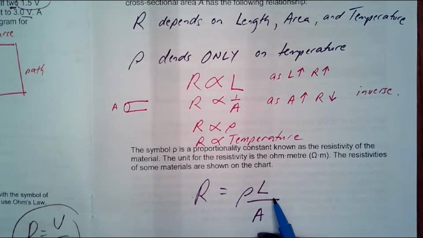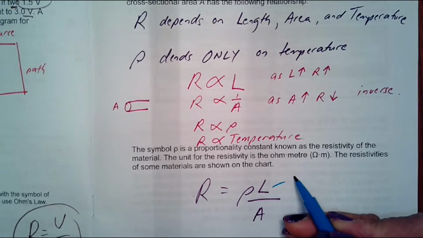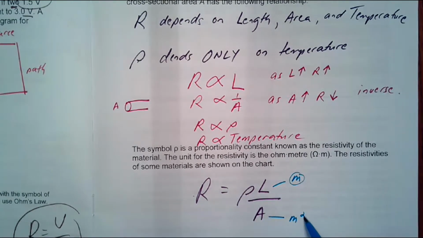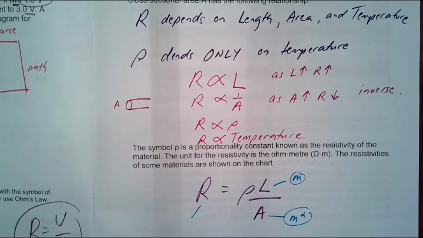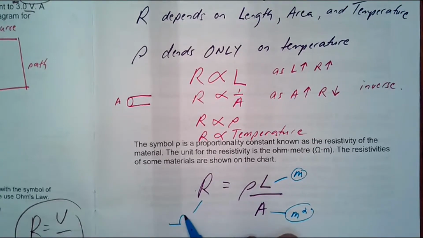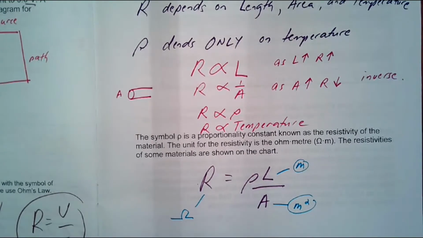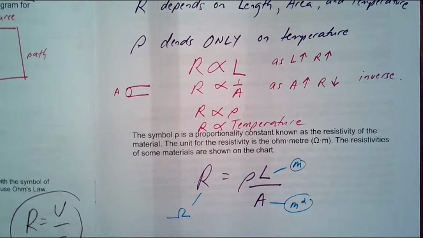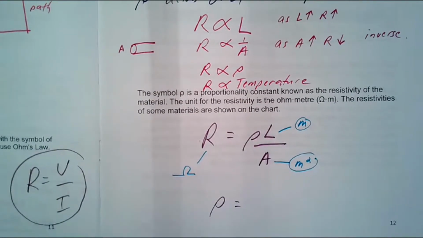So the unit for length is meters. Okay. The unit for area is meters squared. And the unit for resistance we know is ohm. So what is the unit for rho or resistivity? Well, just like with anything, if you want to find the unit of a variable, you just isolate it.